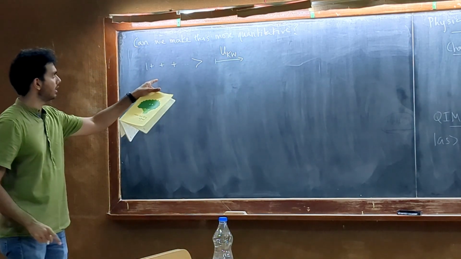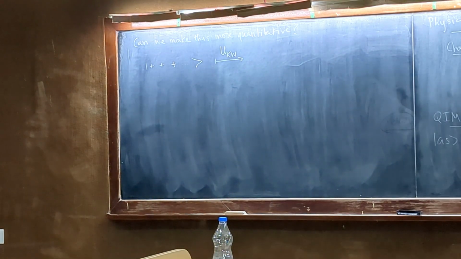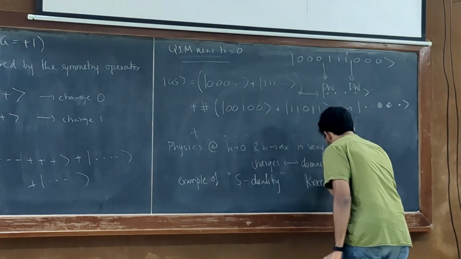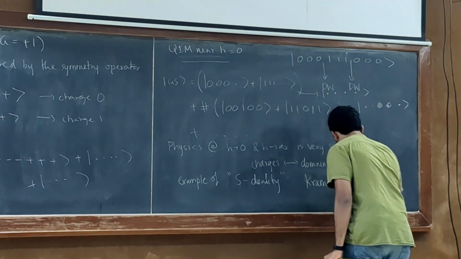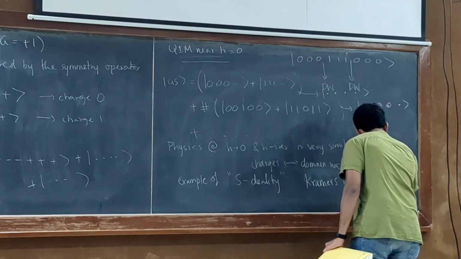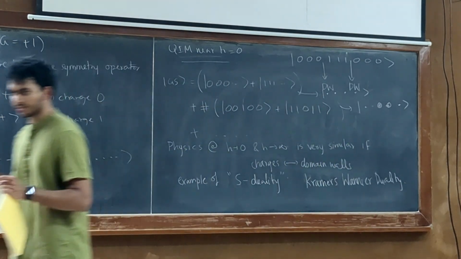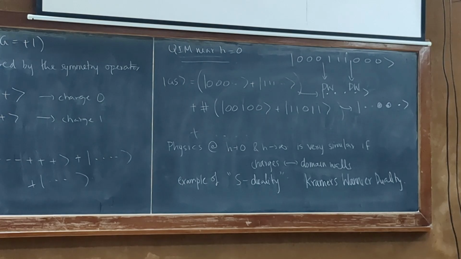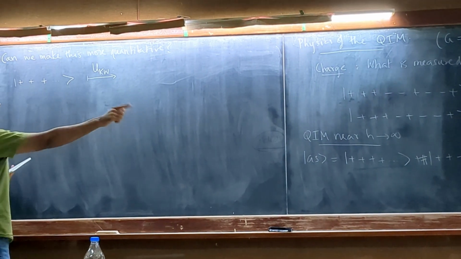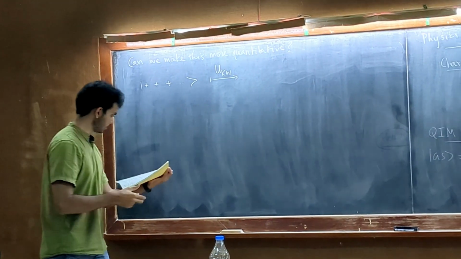I'll call this U_KW. I forgot to mention, this specific realization of S duality is called Kramers-Wannier duality. You will probably see this in your stat mech course or some quantum many-body course. Because of Kramers-Wannier, I'll write this as U_KW. U denotes that it's a unitary operator.